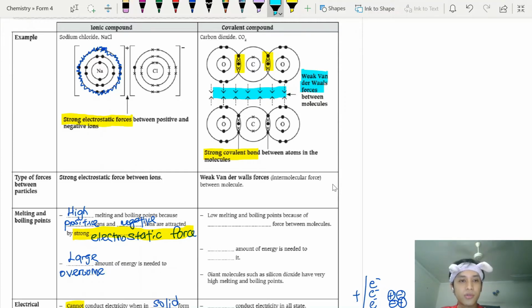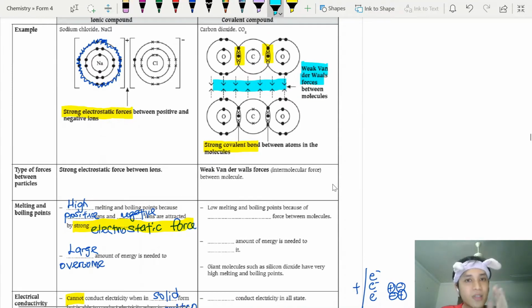Remember you need to know the type of forces. If it's type of bond, this one is ionic bond, covalent bond. Type of force, this one is strong electrostatic force. Inside here is van der Waals forces. So you need to know the difference of the terms that you are using here.